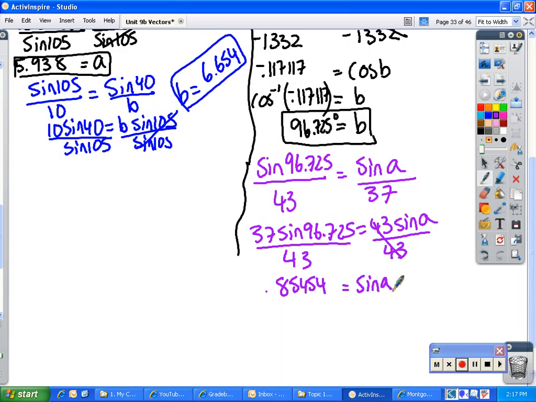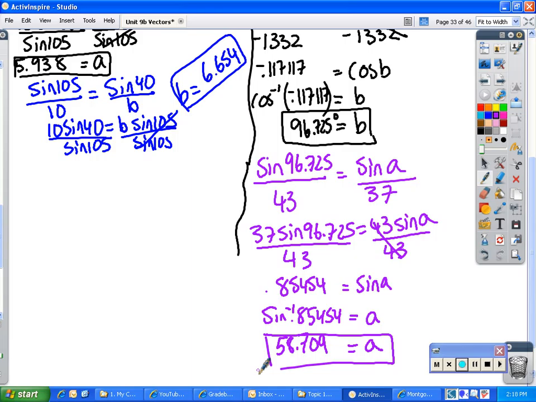We don't want the sine of A, we want angle A, and to get rid of that annoying sine part, we have to do the inverse, which is sine -1 of this crazy decimal, 0.85454, and so on. I'm going to use my calculator. I'm going to hit second sine, second answer. It takes that long decimal and does the inverse sine of it. And that will tell me it's 58.709.